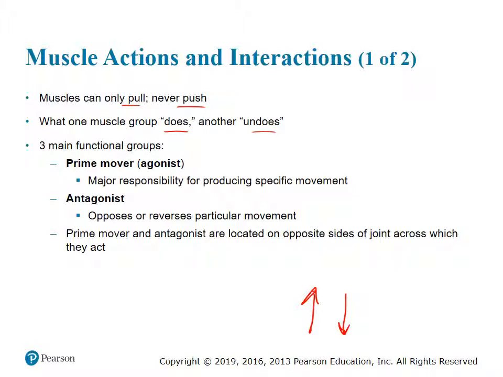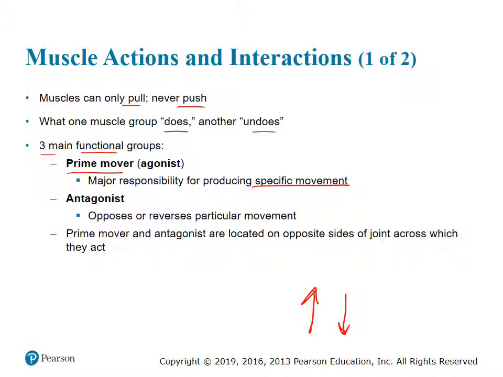They act as opposites. And that's where we get into these three main functional groups that muscles fall into. A muscle can be a prime mover. We call that an agonist. This is the one responsible for producing a main, specific movement in the body.